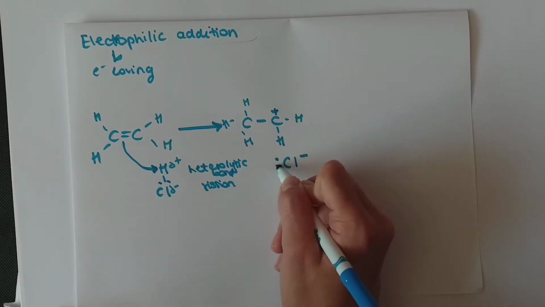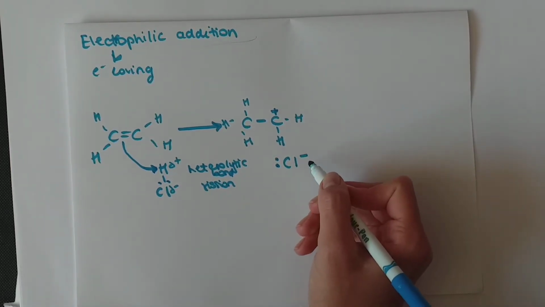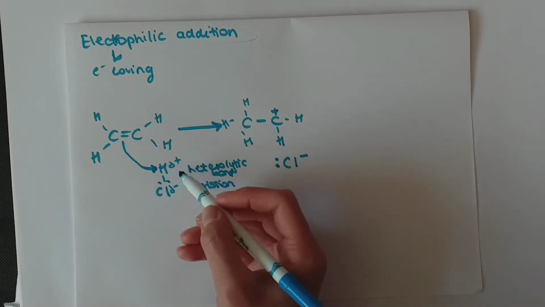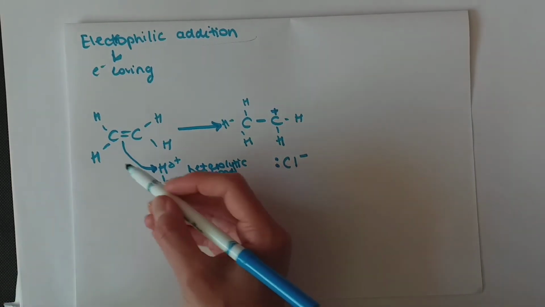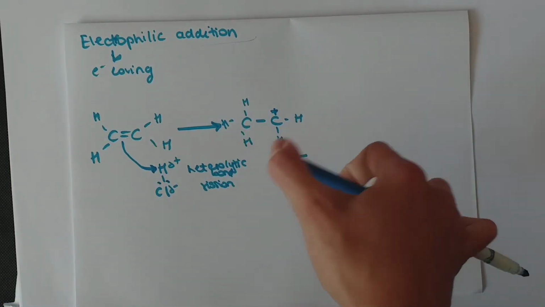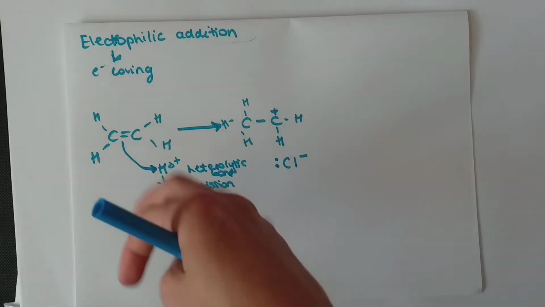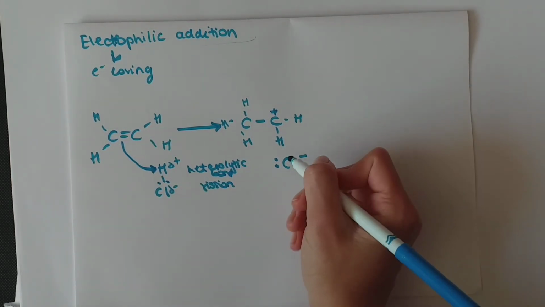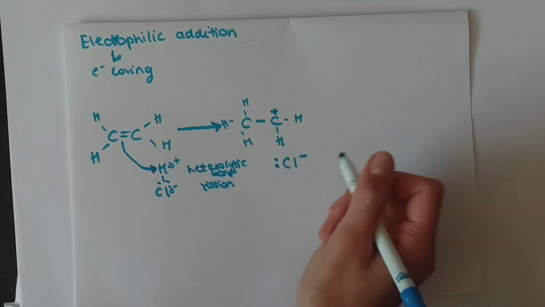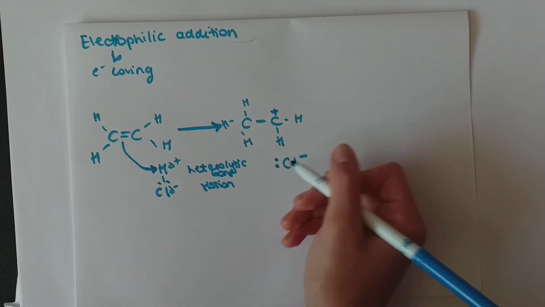However, we also have this chlorine, which becomes completely negative. Hydrogen told them, go away. I'm going to bond to this ethene. I don't need you anymore. You can go away. So our chloride ion is floating around with its electrons.